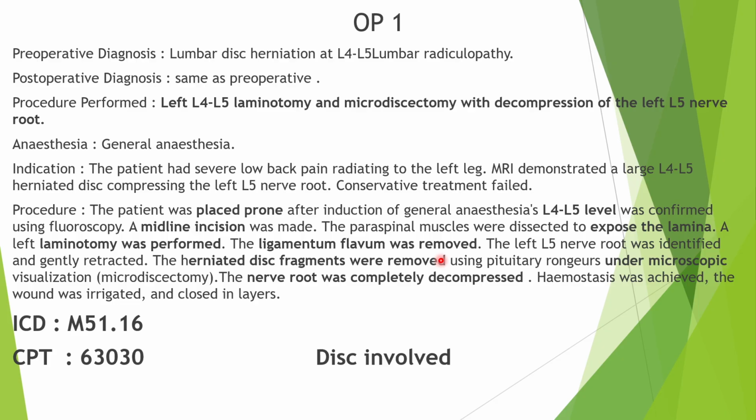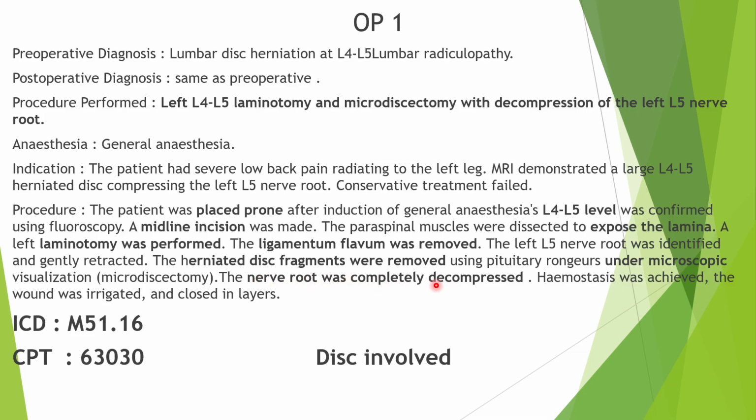And microdiscectomy is done, and the nerve root was completely decompressed. It means here is a radiculopathy, which means nerve root compression. So this compression should be decompressed, that compression should be released.